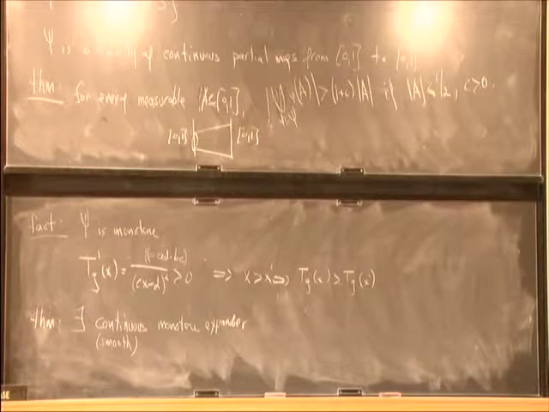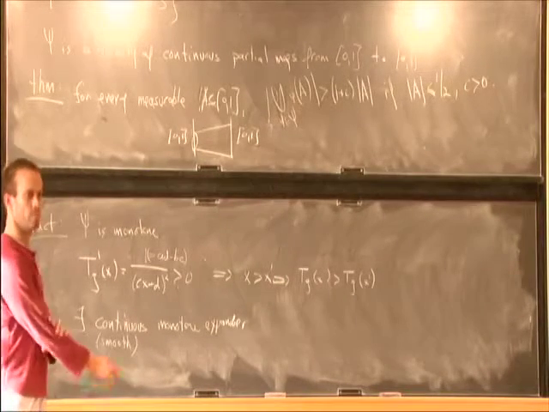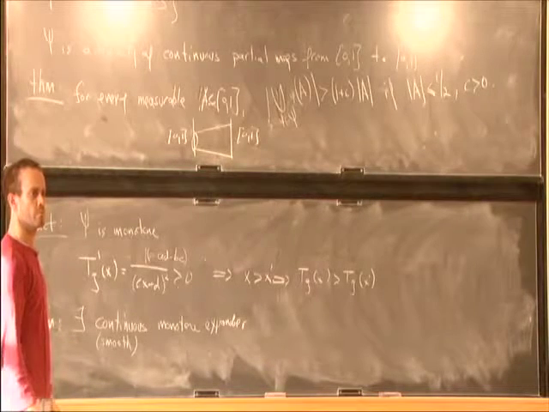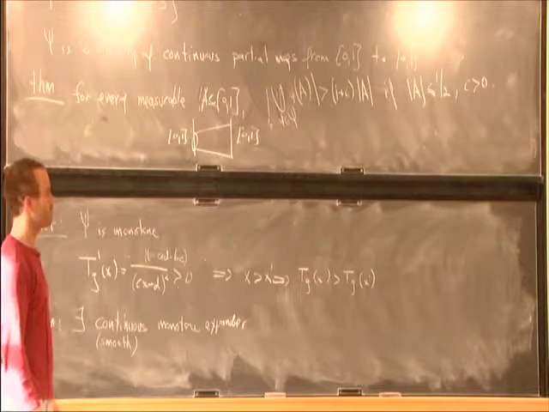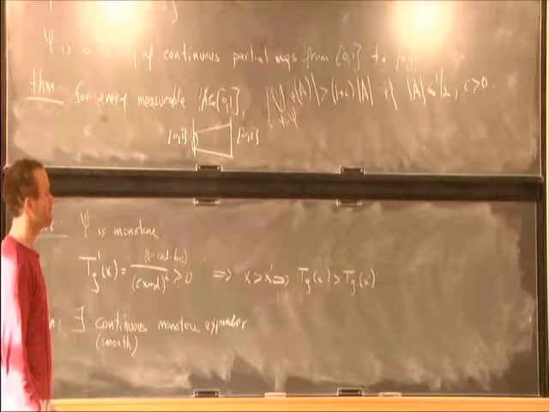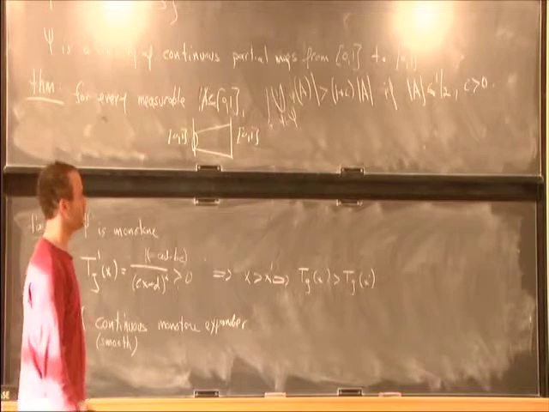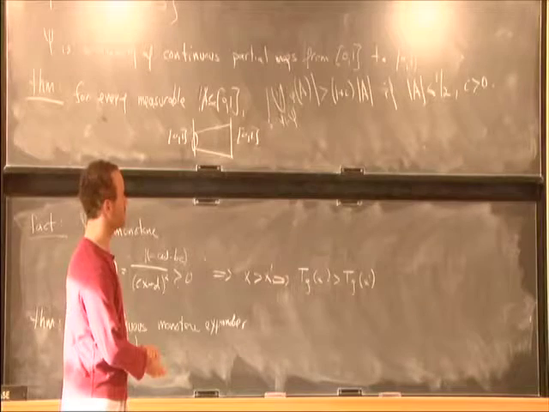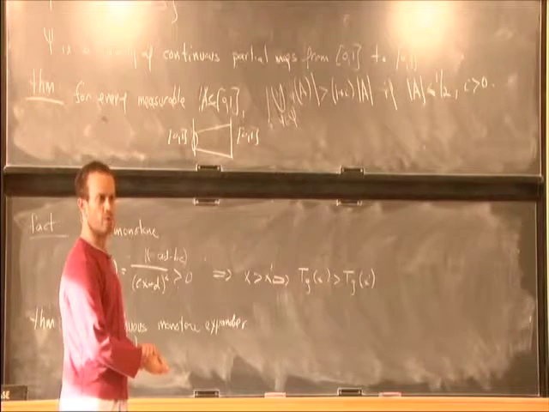Yes. So here your group is SL2R. So why not look just at the ones with positive determinant? Wouldn't that help you in some way? They're not also monotone. It sounds right, yes.